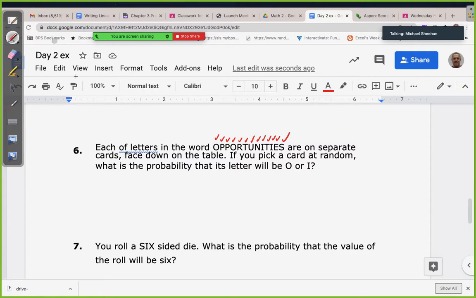And I want to know what's the probability of picking an O or an I. There's 1, 2, 3, 4 of those 13 that are an O or an I. So I've got a 4 out of 13 chance. Are we okay with this idea? If I'm explaining these too quickly, please speak up.